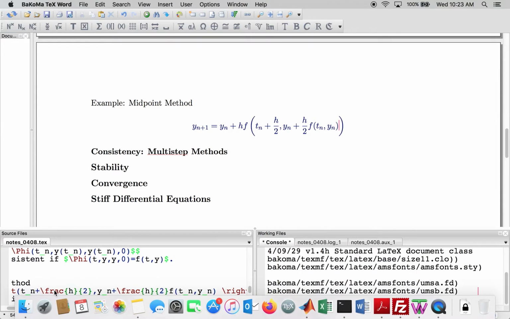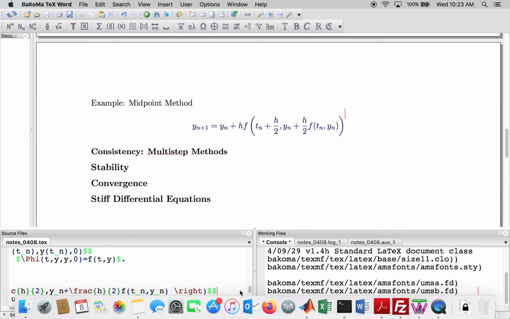Okay, so this is the method I described earlier. Here we're using the Euler's method approximation of y at time t_n + h/2 to fill in for the y value. And then we plug this into f again to help us get y_{n+1}.